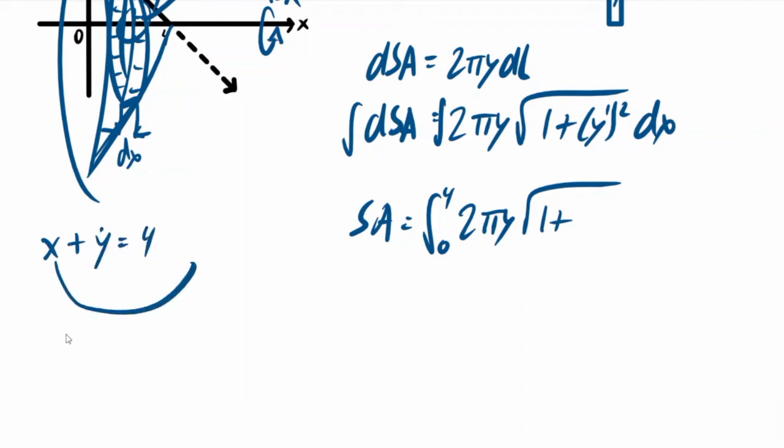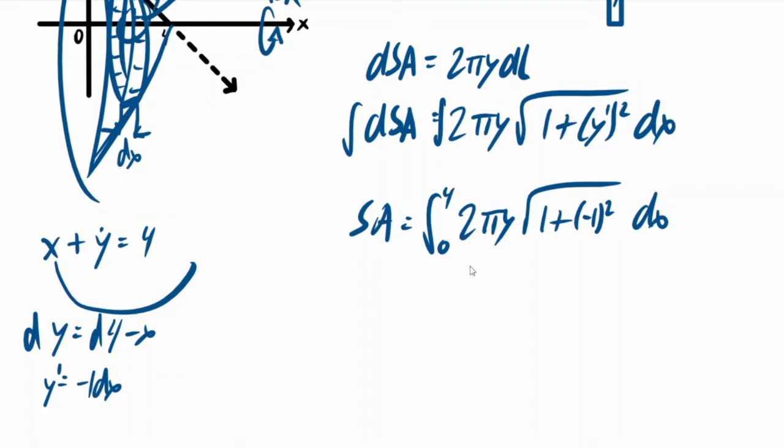We transpose x, then our y is going to be 4 minus x. So our dy, or the differential of y, is going to be y prime equals negative 1 dx. So let's put here negative 1 squared dx.